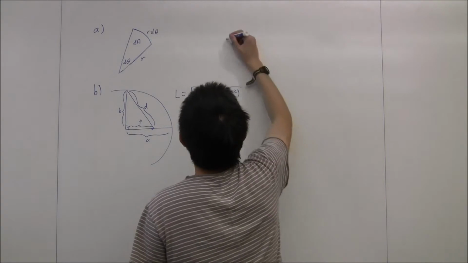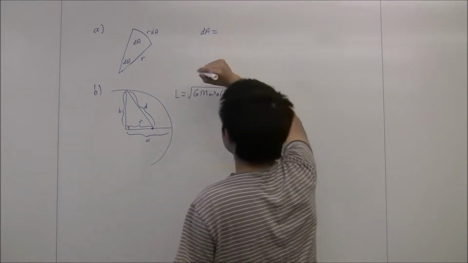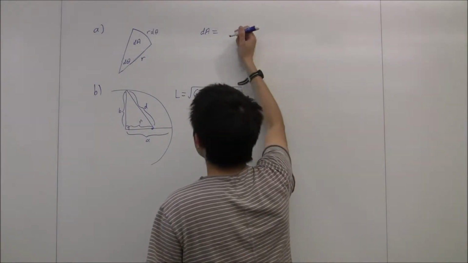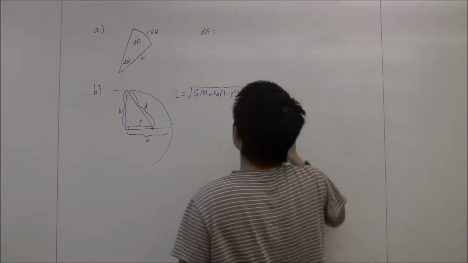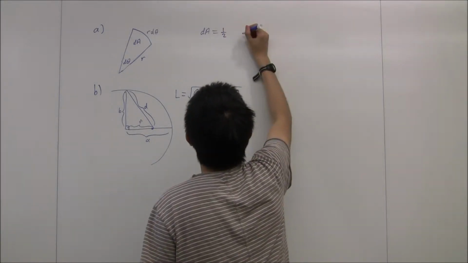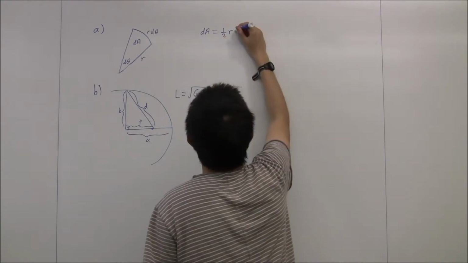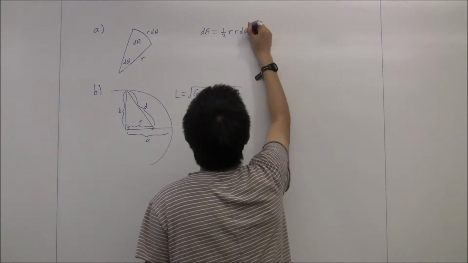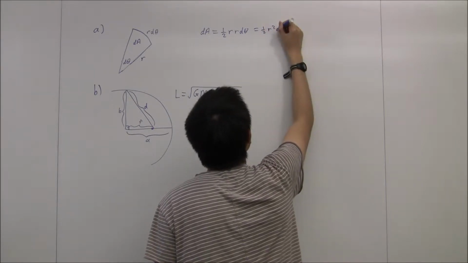So we have that the area dA swept by the radial vector is equal to half times the base, which is r, times the height, which is r d theta. So that is just half r squared d theta.